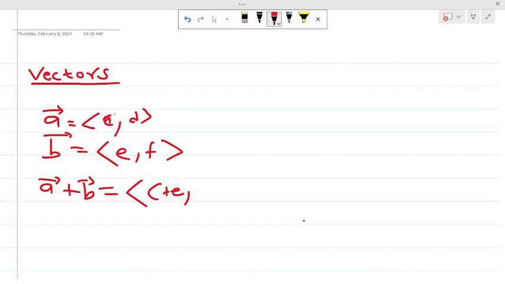I call this portion the x component of the vector and this portion the y component of the vector.